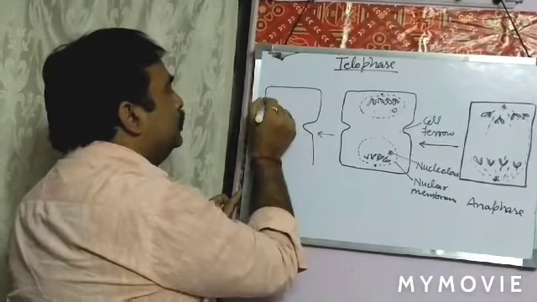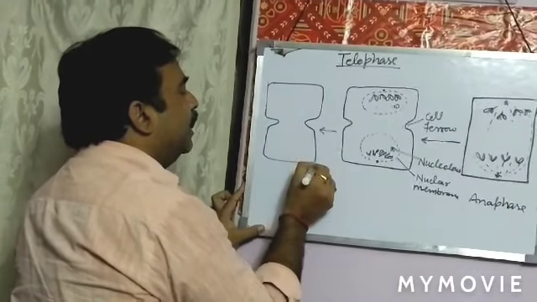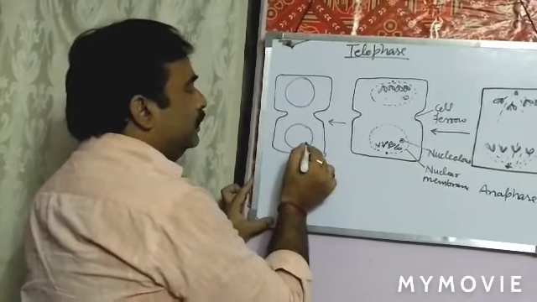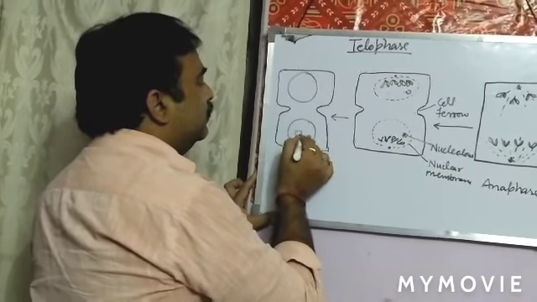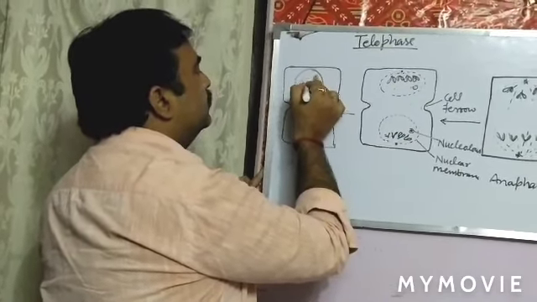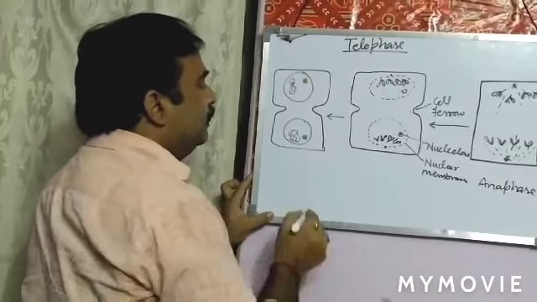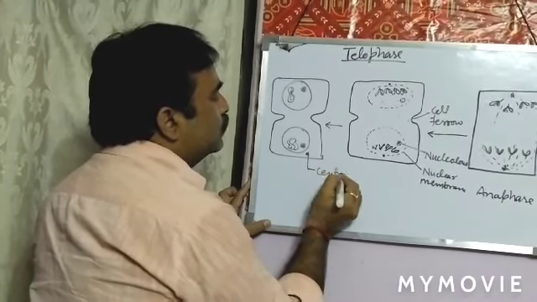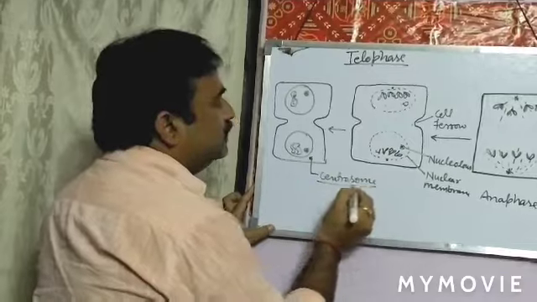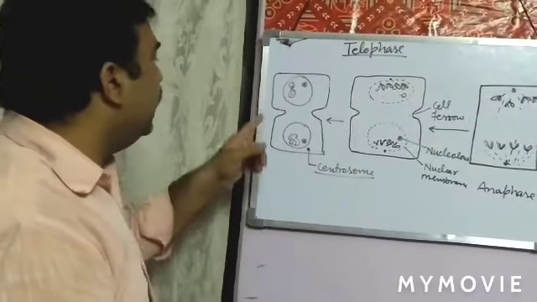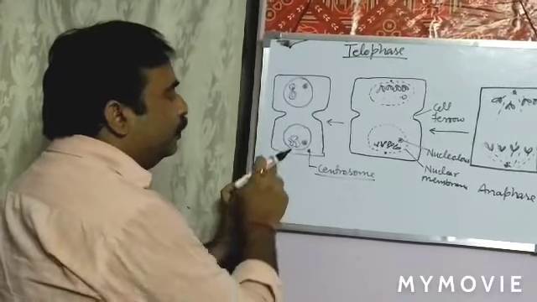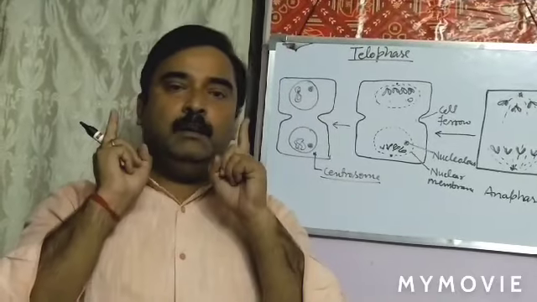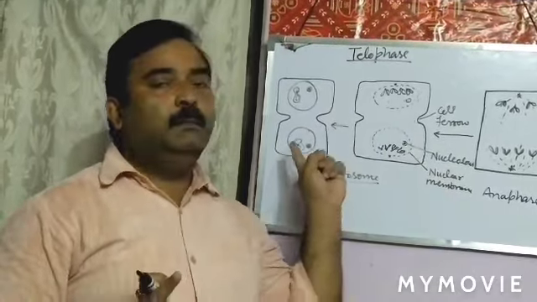And finally, by the completion of the telophase, two nuclei are formed inside the cell, with a well developed nuclear membrane, nucleolus, chromatin network, and centrioles duplicated to form the centrosome. Clear? So in this way two nuclei are formed inside the cell, and both nuclei contain the same number of chromosomes as the mother cell which divided by mitosis.